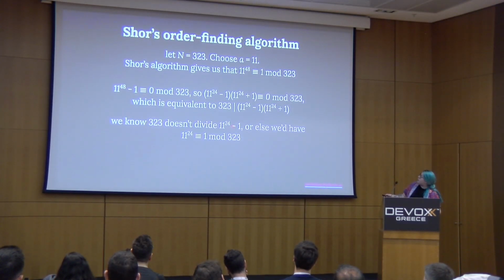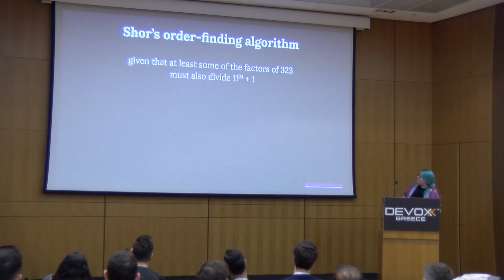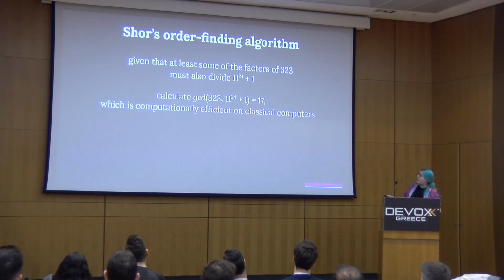So this is not divisible by 323, so either this must be divisible by 323, or it's got some factors and we can find them. So at least some of the factors of 323 must divide this number, right? We can calculate that number, and we can say, okay, what's the greatest thing that divides both of them?